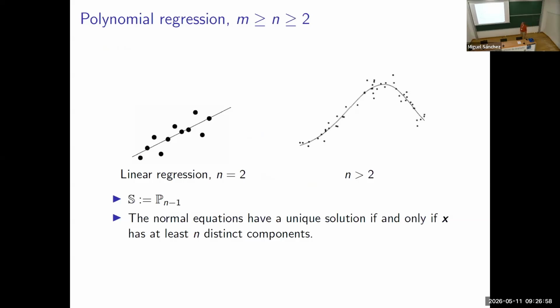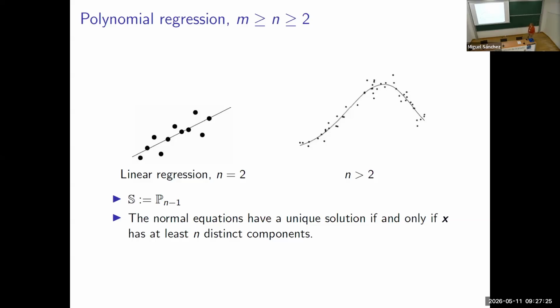So let's start with polynomial regression. In linear regression, you want to fit, of course, a straight line to some data xi, yi. And the space is, for example, the polynomials of degree n-1. We know that the normal equations have a unique solution if and only if x has at least n distinct components, so it's a very weak condition.